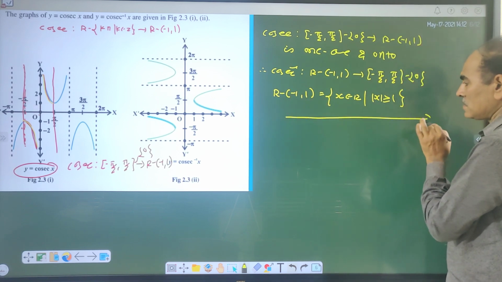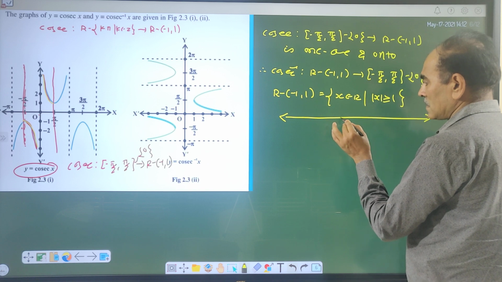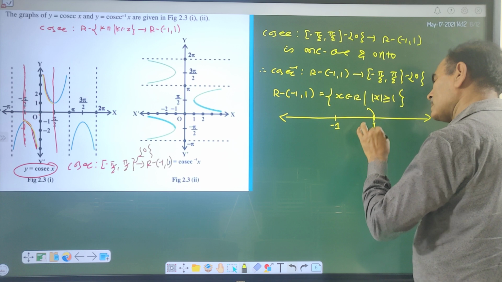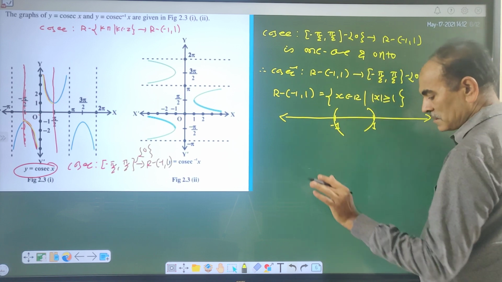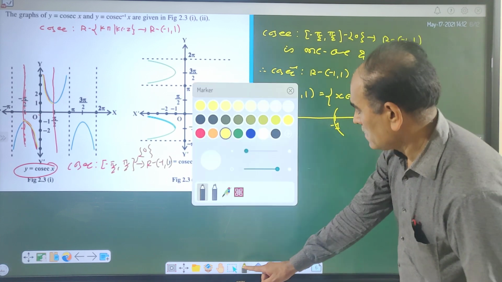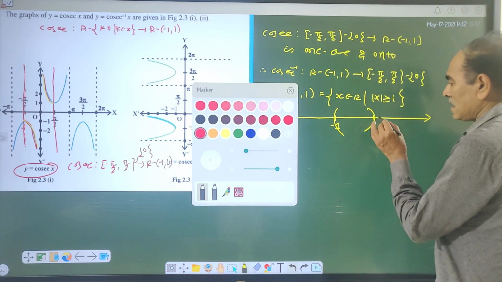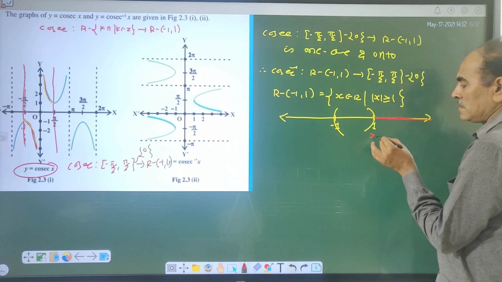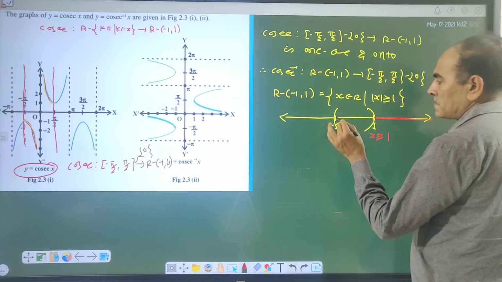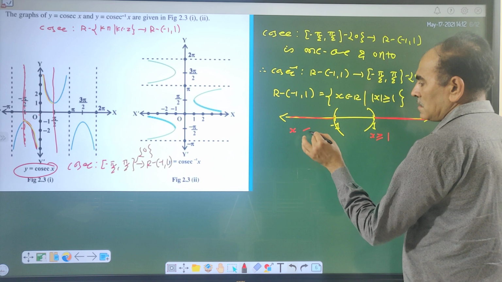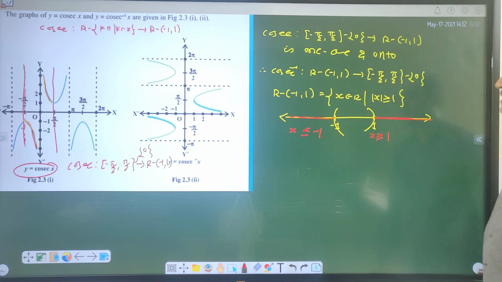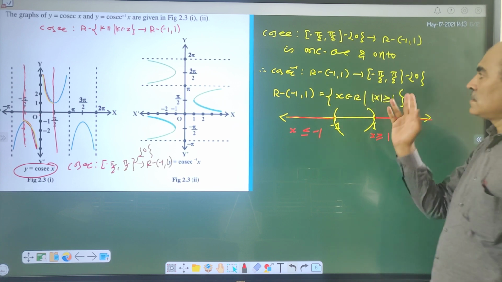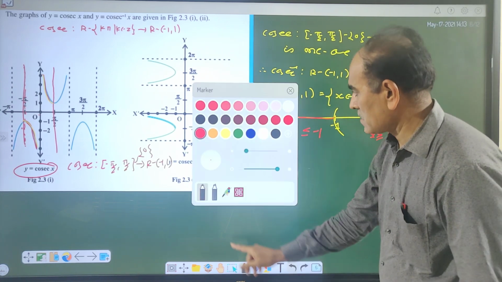See, if you see on the real line also, if I take minus 1, if I take 1, open interval minus 1 to 1, except it. So what is left? That is from 1 onwards, that is x greater than or equal to 1. For this part, x is less than or equal to minus 1. So we can write it that way also. So inverse exists for that part.